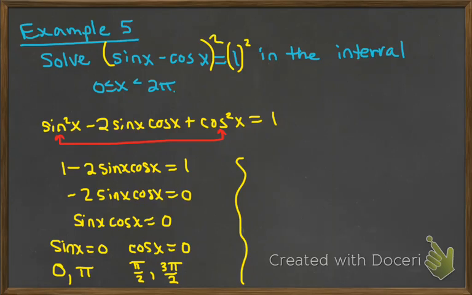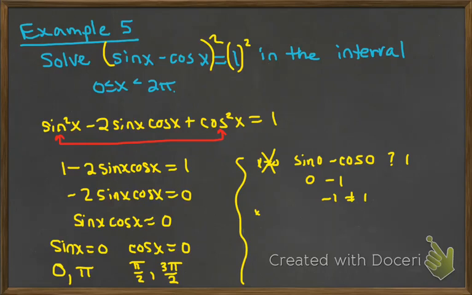So if I have an x value of 0, I'm going to have the sine of 0 minus the cosine of 0, and I want to know if it equals 1. So when I do the sine of 0, that is 0. Cosine of 0 is 1. So 0 minus 1 is negative 1, so that does not equal 1. So x being 0 is not an answer.